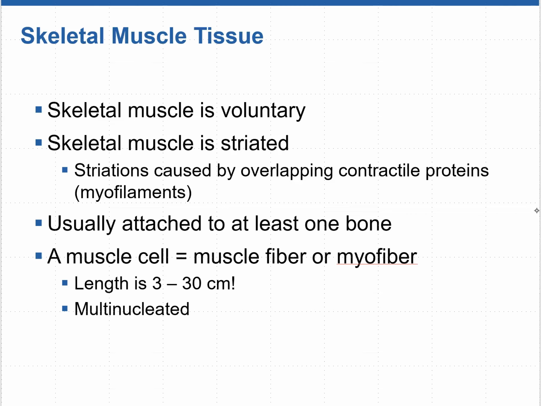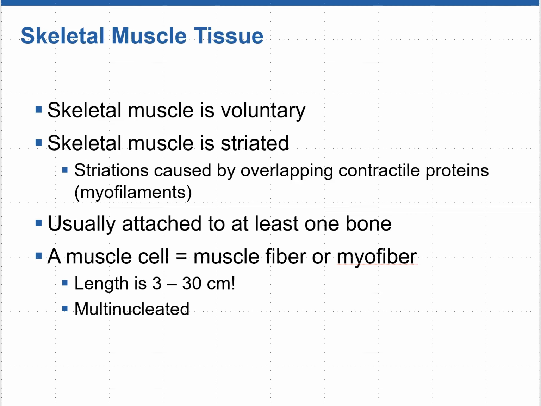So let's focus on the anatomy of the skeletal muscle as an example. Skeletal muscle is voluntary, striated, and attached to at least one bone in the body. The muscle cell is also called a muscle fiber or a myofiber. Myo means muscle, so you'll see a lot of terms in this chapter which start with myo or sarco.